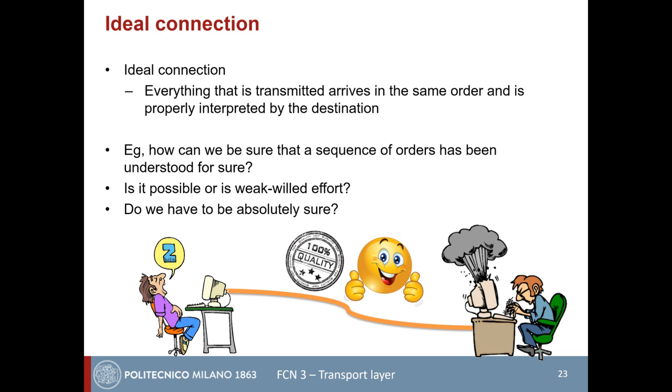If there are errors during the transmission, the function of the layer has to detect these errors and apply some techniques in order to correct them, maintaining the sequence of the packets at the receiver.